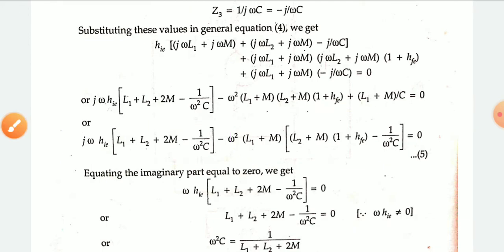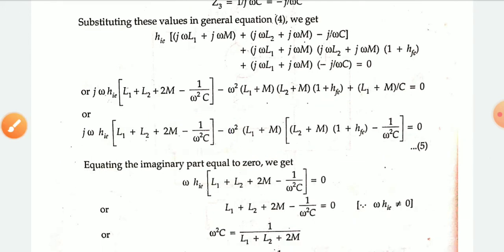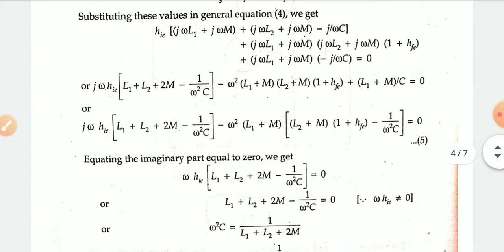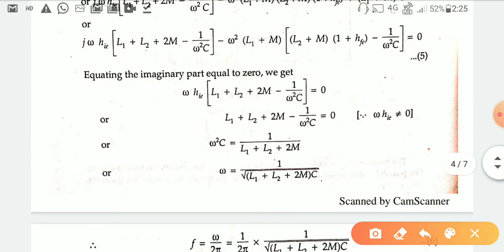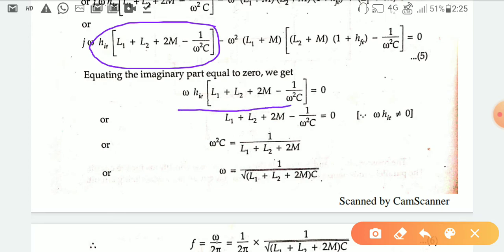So initially we are interested in identifying what frequency can be generated. So we take the imaginary part. You just take this section. So this is omega h_ie multiplied with L1 plus L2 plus 2M minus 1 by omega C should be equal to 0, because at the right hand side the imaginary part was missing, so this is equal to 0.